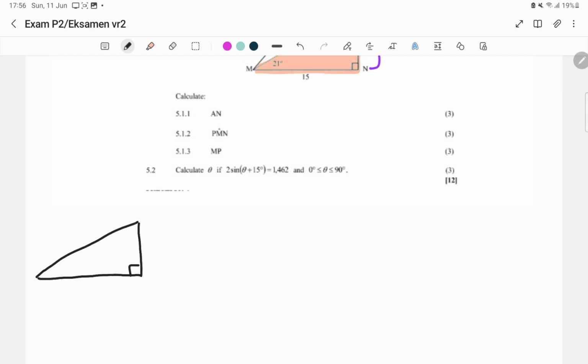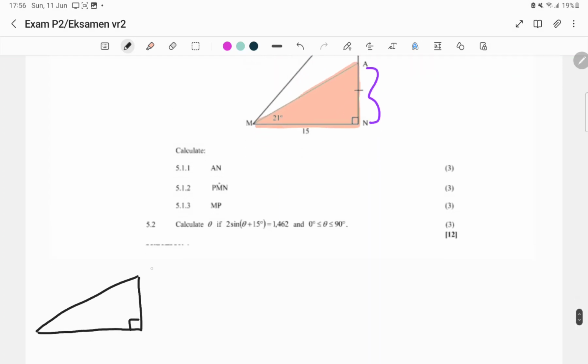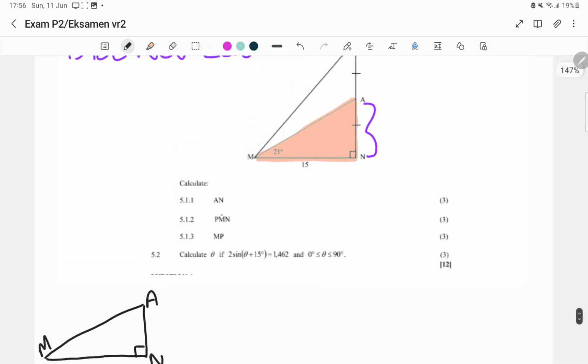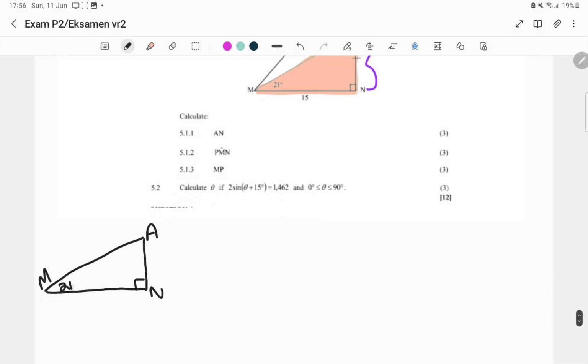This is my 90 degrees, so it's ANM. I know that this angle here is 21 degrees, and this one here is 15 units, and I want AN. Let's quickly make our checklist. I have my angle, it is 21 degrees.